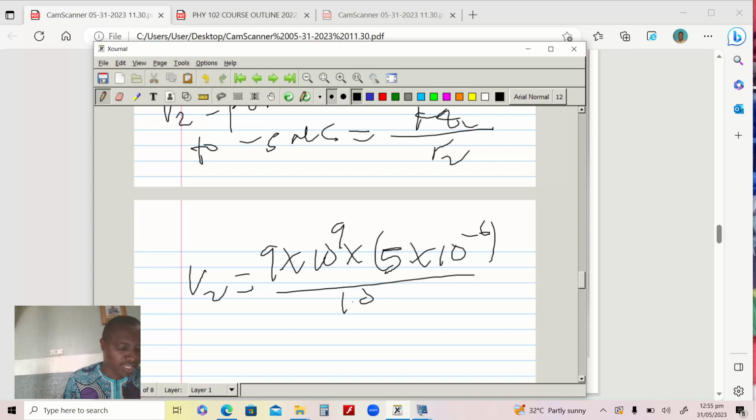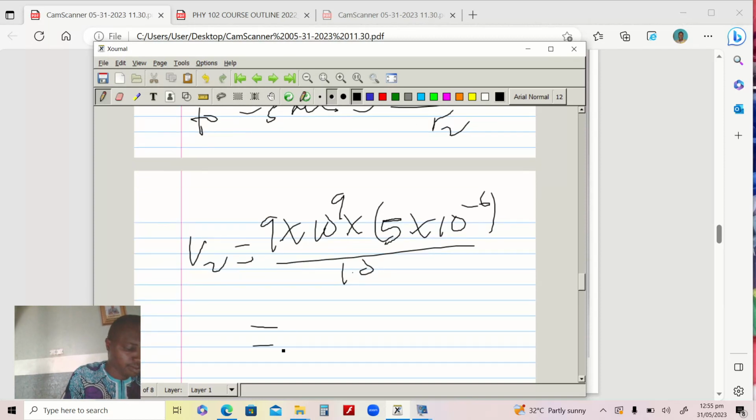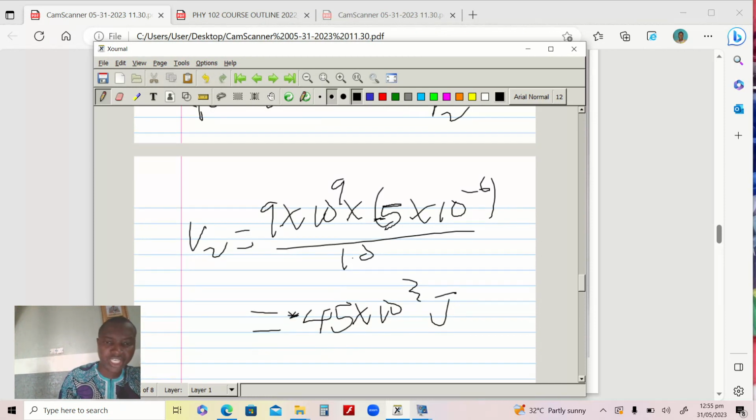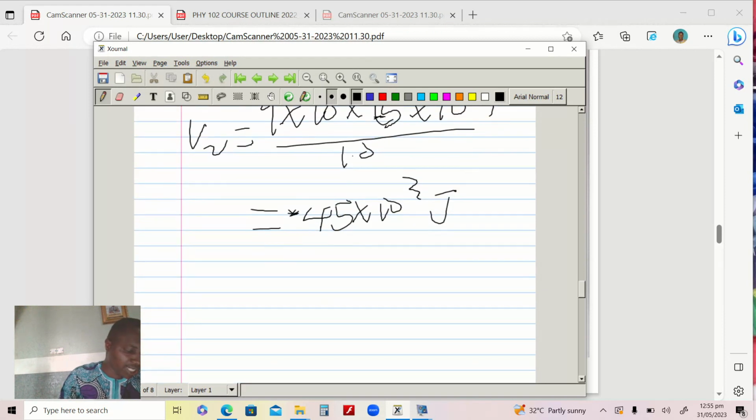So here we have 45 times 10 to the power 3 joule. But our charge is minus, so everything we get here becomes minus. All right, so the potential at P now.